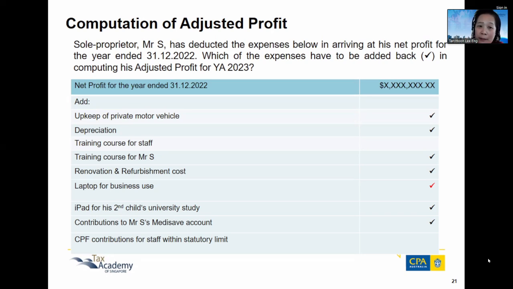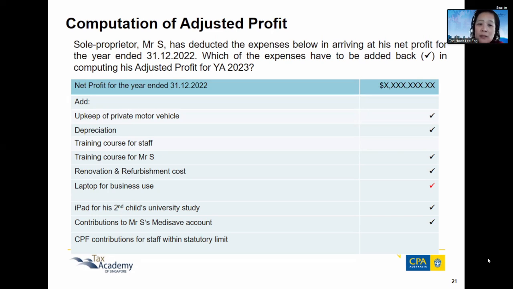So first of all, we look at it. Upkeep of private motor vehicle is prohibited under Section 15, so add back. Mr. S is not a private hire car driver, so we cannot give private car expense, so add back. Depreciation is also not allowable, so we have to add back.